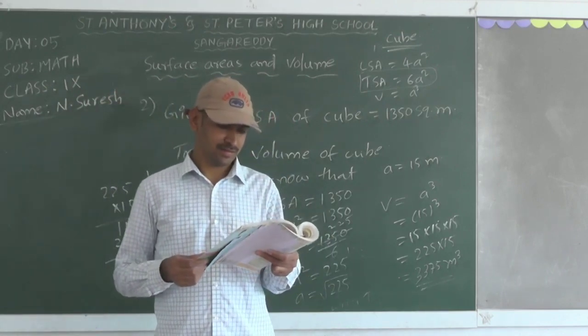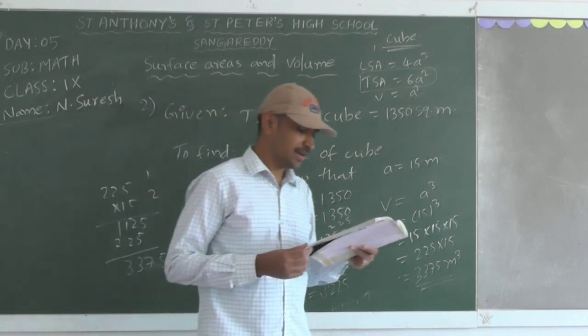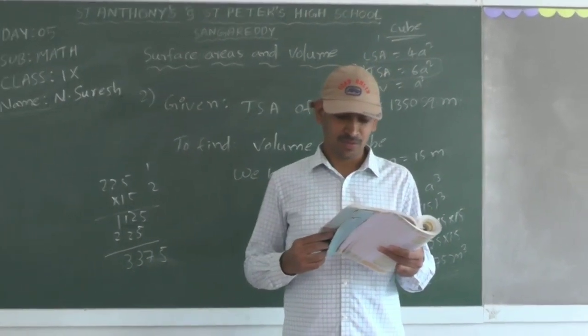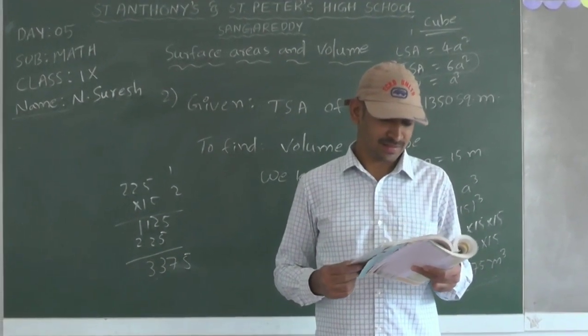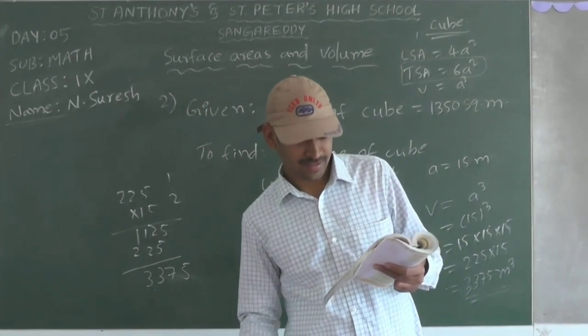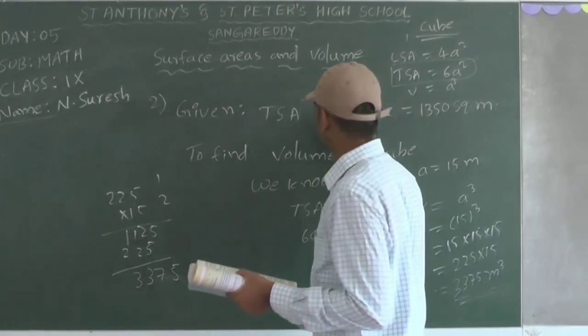So I shown this problem. Find the area of the four walls of the room. Assume that there are no doors or windows. Its length is 12 meters, breadth is 10 meters, and height is 7.5 meters.